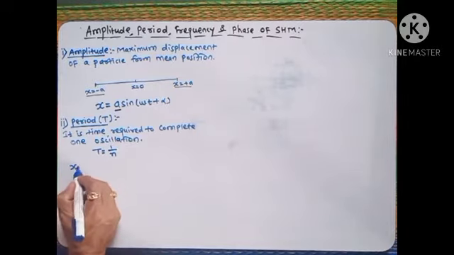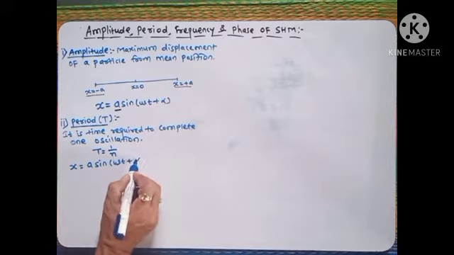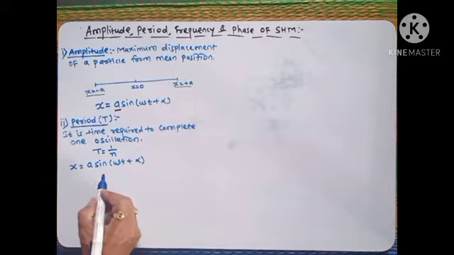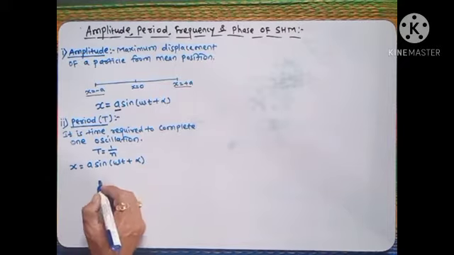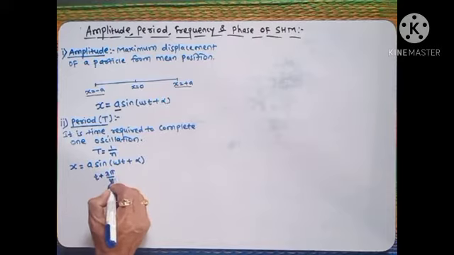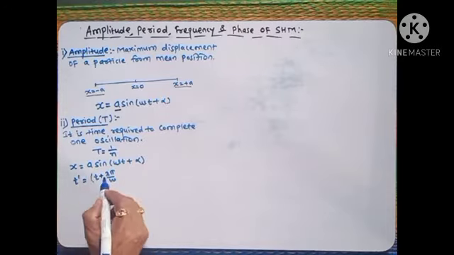Here you know x equal to a sine omega t plus alpha. This is the equation of SHM. Now we consider here, suppose this t be the time, we consider this is the displacement. Now we consider another time, t plus 2 pi by omega. Suppose we consider t dash is equal to t plus 2 pi by omega.